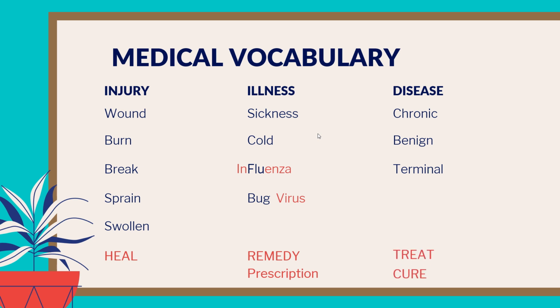Cure as a noun is the medicine, the remedy we give to our patient so he or she gets rid of their disease. And as a verb, it is the verb to cure. It means the action, the thing we do for our patient to be cured.